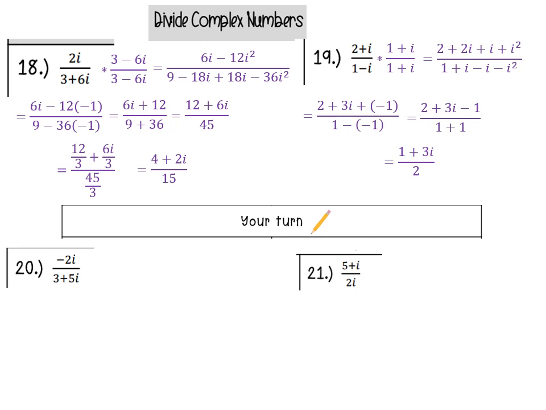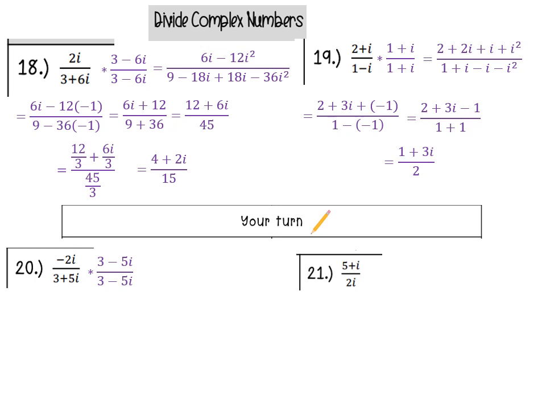Okay, you should have tried those. Let's take a look. 3 plus 5i for the denominator on 20. The complex conjugate would be 3 minus 5i that we multiply the top and bottom by. And then, let's see.